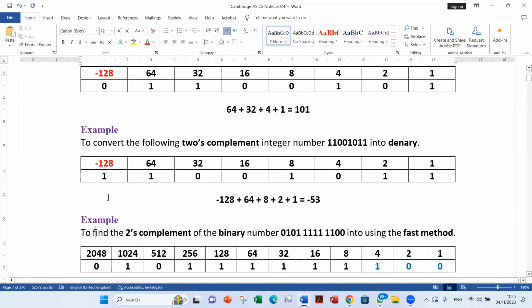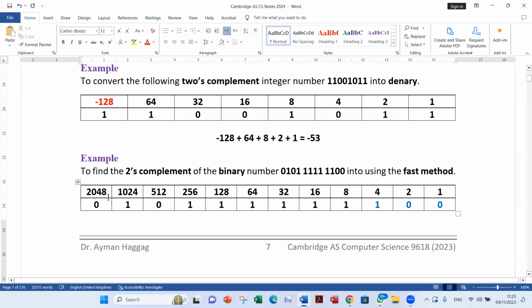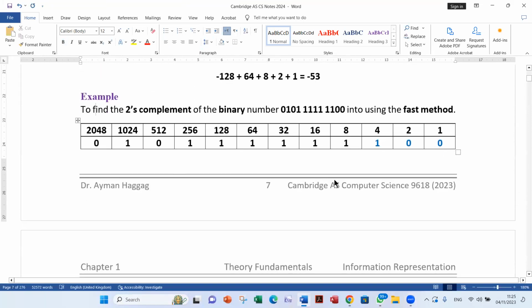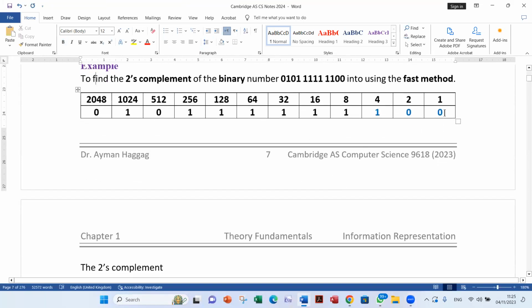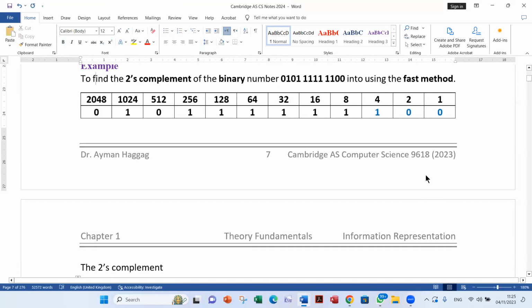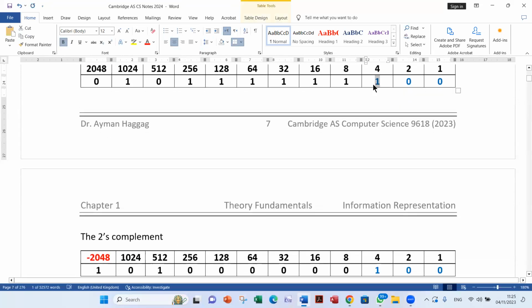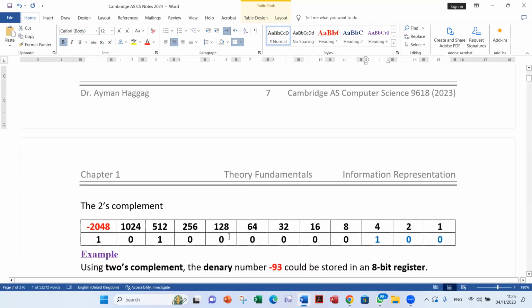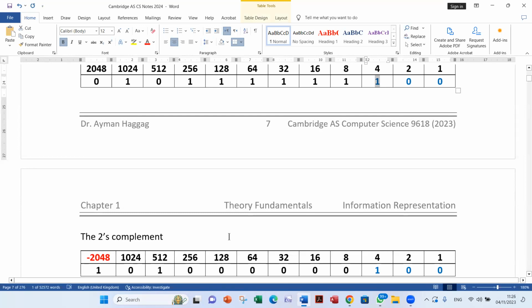Let me explain the fast method first. Starting from the right, any zeros are copied the way they are, up to the first one, which is copied as it is. Afterwards, flip any 0 to 1 and 1 to 0.